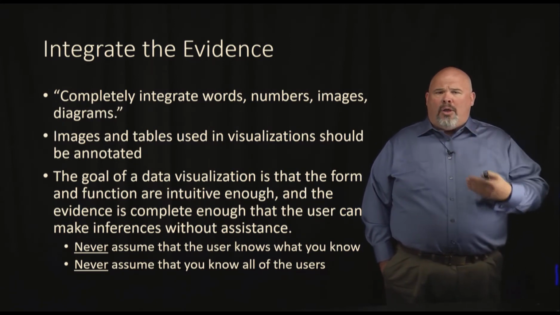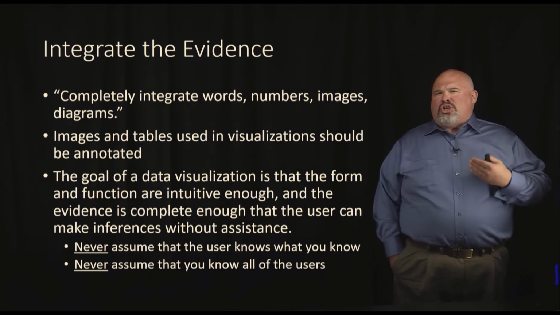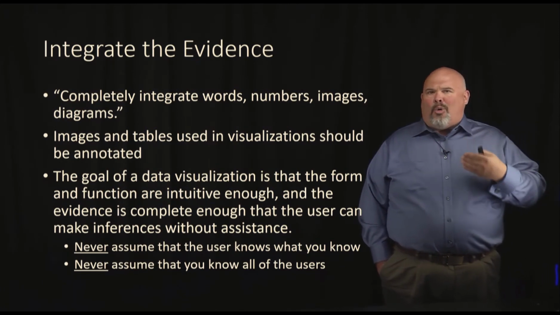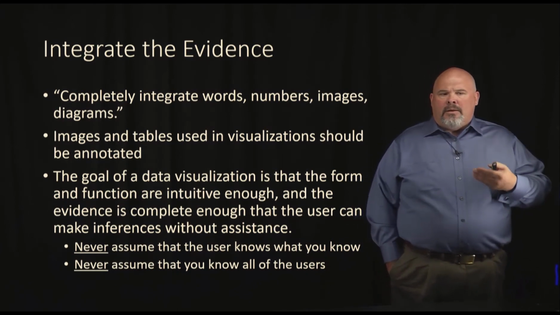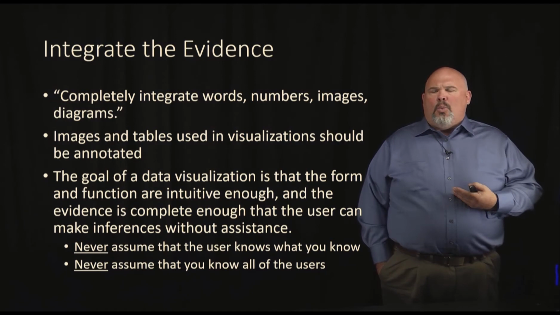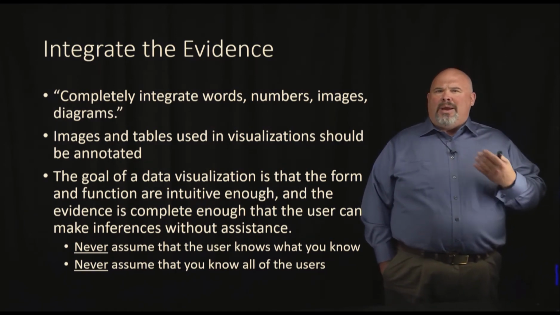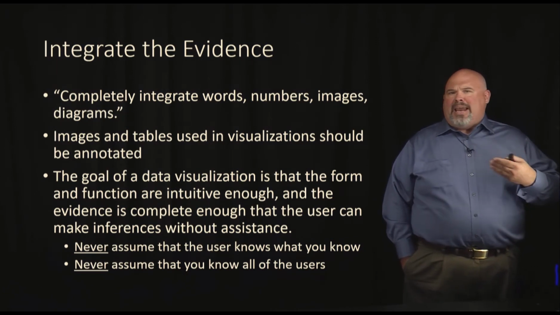So the goal of our visualization is to make sure that we've made the visualization not wrong and intuitive enough that the user can make inferences without our assistance. We don't want to create visualizations like they do for TED Talks, where we have to stand there and explain the whole thing.